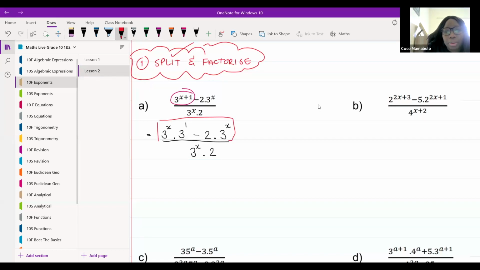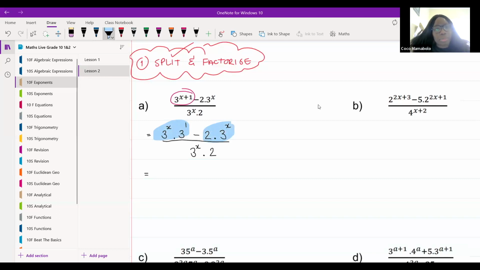These are two separate terms, because there's a minus in between. Do these two terms have a common factor? Yes, they do. What is that common factor on the top? 3 to the power of x. Good. It's common over here, and it's common over there.